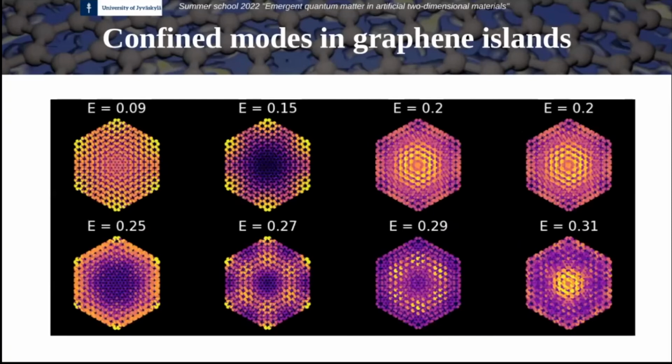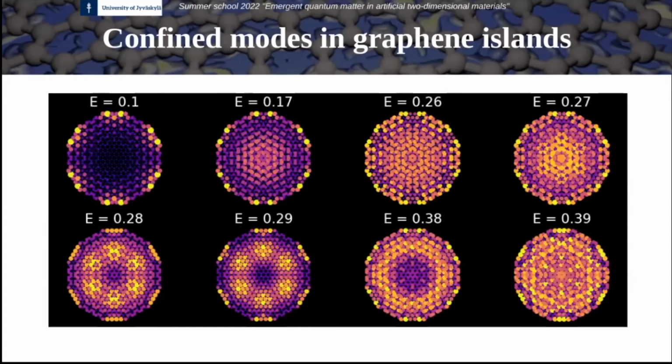And of course, you can not only do triangular islands, but also hexagonal islands that will have slightly different patterns, still confined states. And you can also think about some more complicated islands, like a purely circular island. So all these different quantum dots have very similar properties. They usually have a gap coming from confinement, a gap that depends on the size of the island.